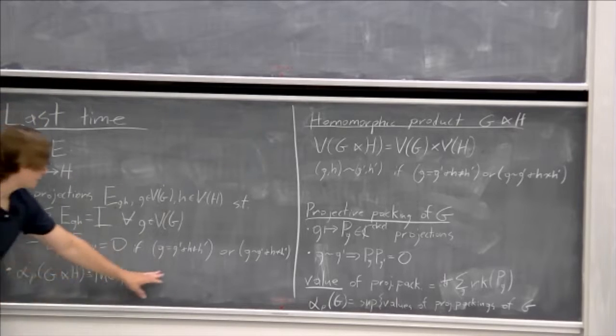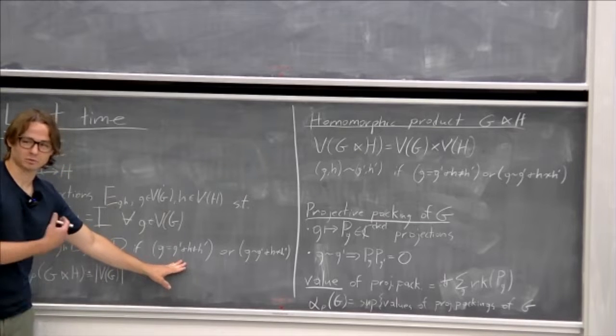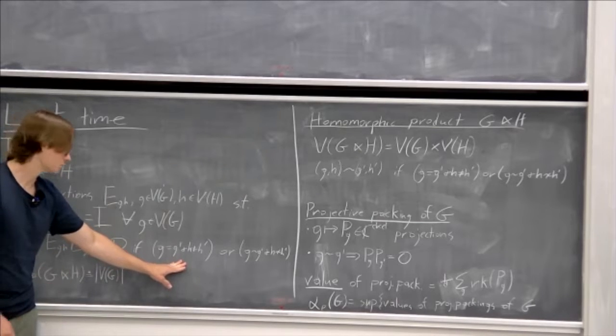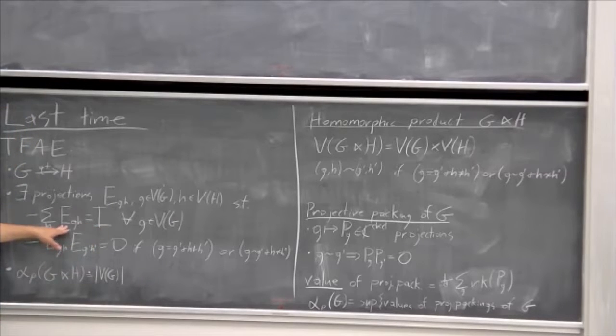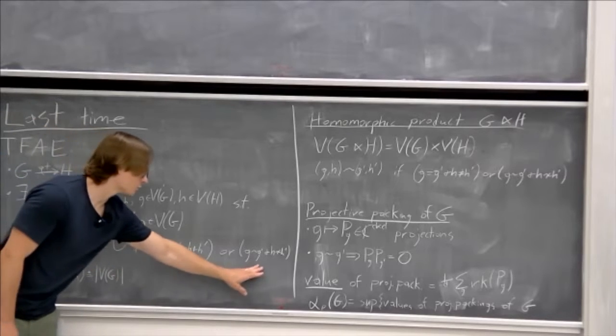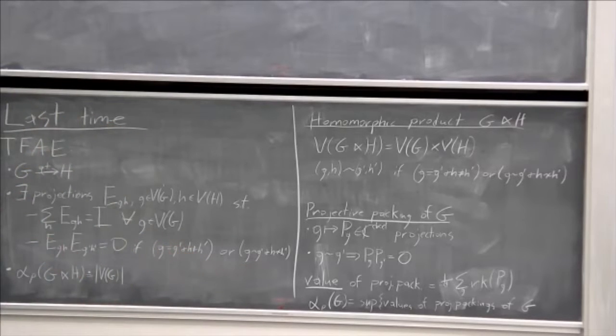This case is actually implicit from the first condition, since we're dealing with projections. If you have a bunch of projections that sum to identity, they have to be mutually orthogonal. But then this other condition is not implied. If you have adjacent g coordinates but non-adjacent h coordinates, you should be orthogonal.